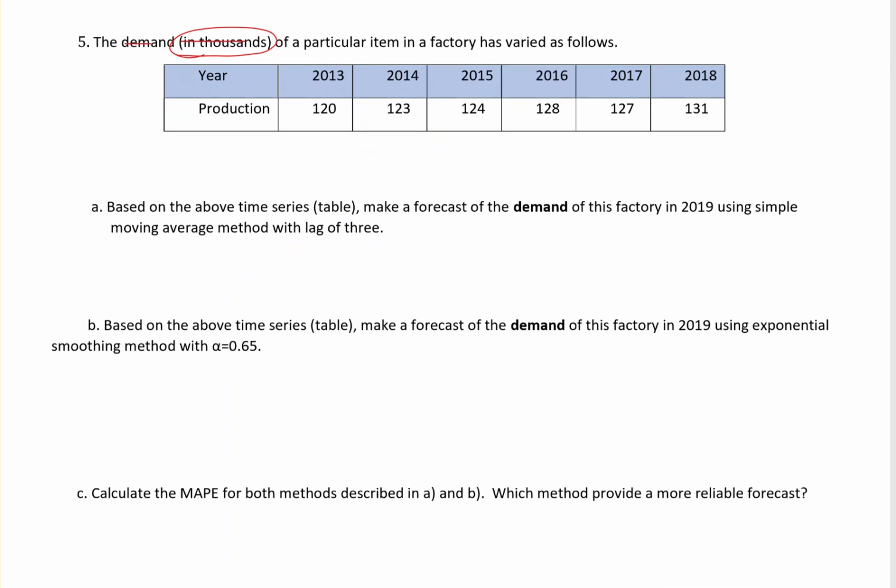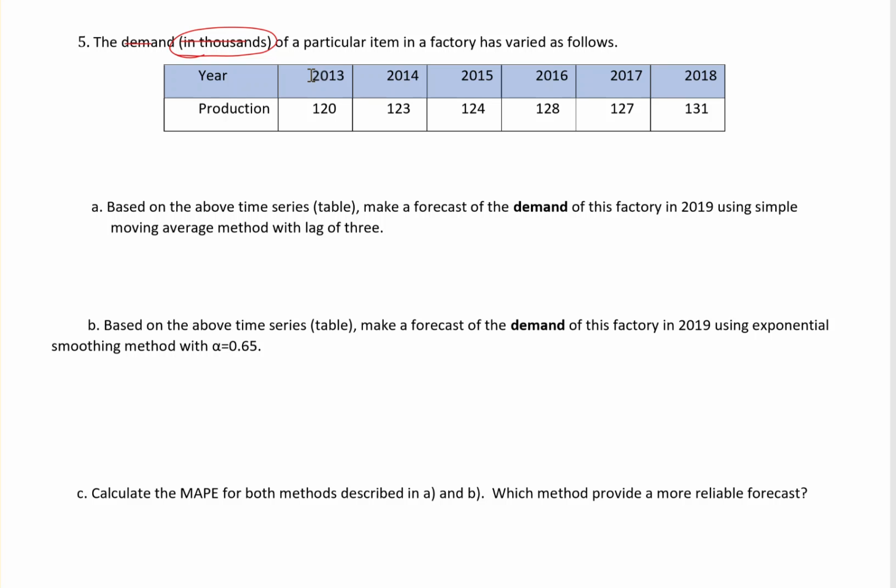All right, question A: based on the above time series, make a forecast of demand of this factory in 2019 using simple moving average with lag of 3. So let's find the important things in this question.